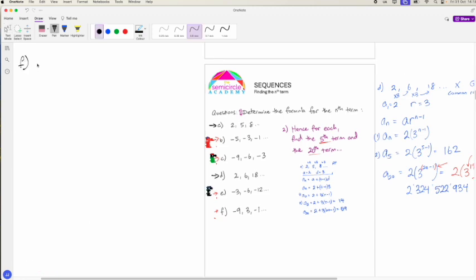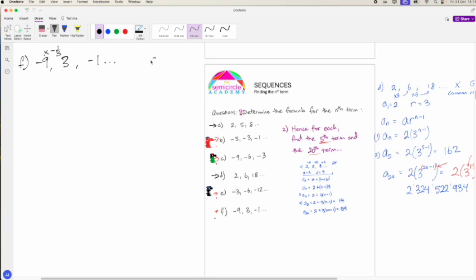And we have part F here, negative 9, 3, and negative 1. If I multiply by negative a third, I will get positive 3.